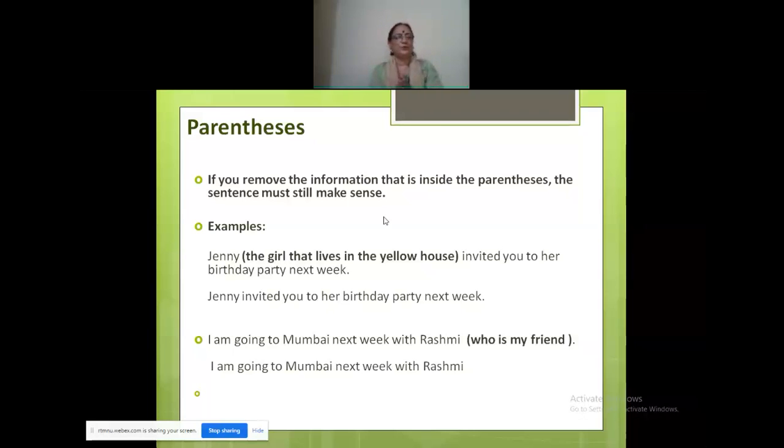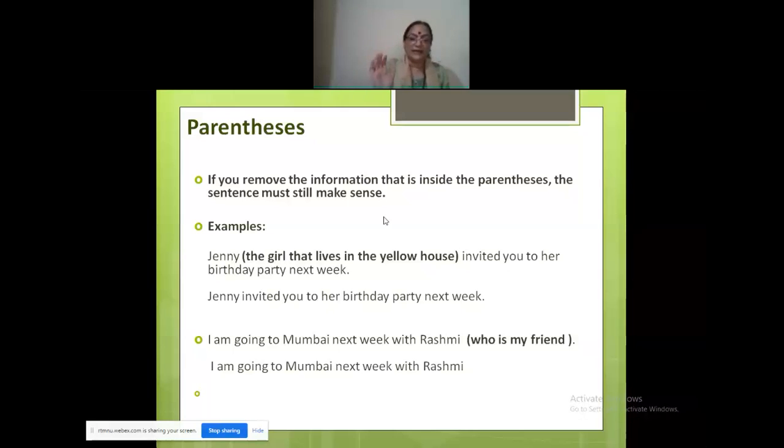I'm going to Mumbai next week with Rashmi. In itself, this is complete information. Who is my friend is the extra information, so it has to be put in brackets. Now if it is not in brackets and you haven't used any punctuation mark, like a comma or a dash, then there will be ambiguity.